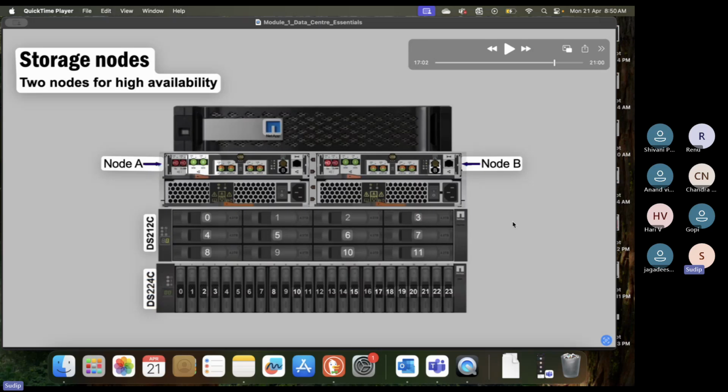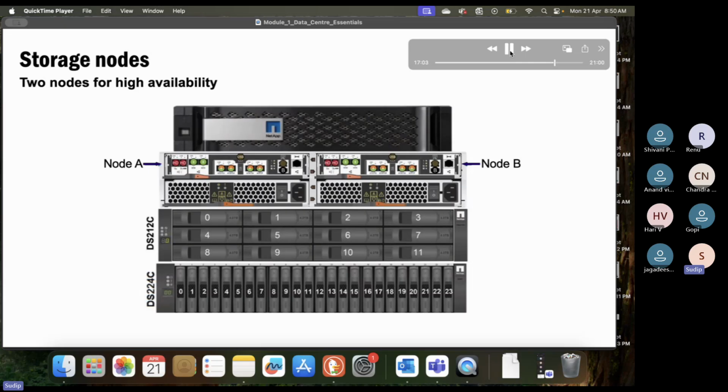Now we enter into a little more detail about the various components inside the storage controller. This is how the storage controller will look from behind.